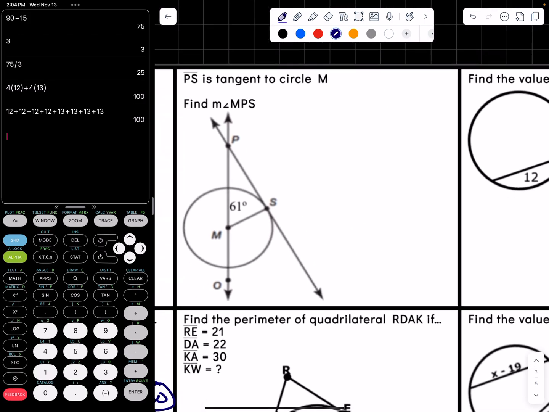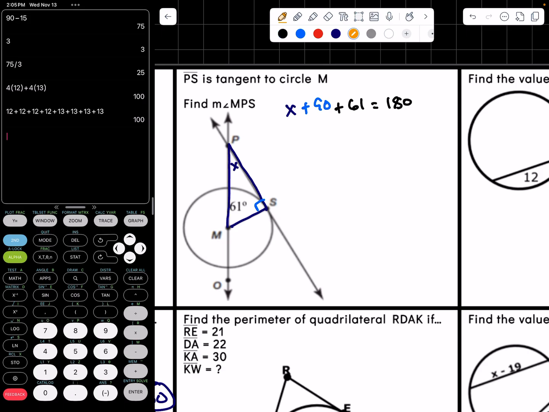Over here, PS is tangent to circle M. We're looking for the measure of angle MPS, so this is what I'm looking for. But because we know that tangent lines meet the radius at 90 degrees, I have all of my angles in my triangle. One of them happens to be x, one of them is a 90-degree angle, and one of them is 61. That's the given information, and I know that all the angles in a triangle add up to equal 180 degrees.